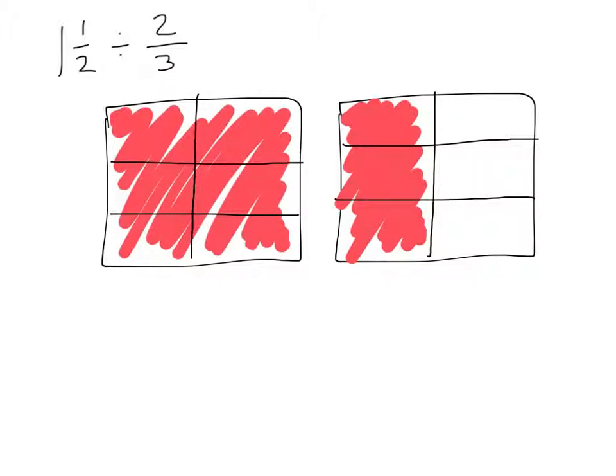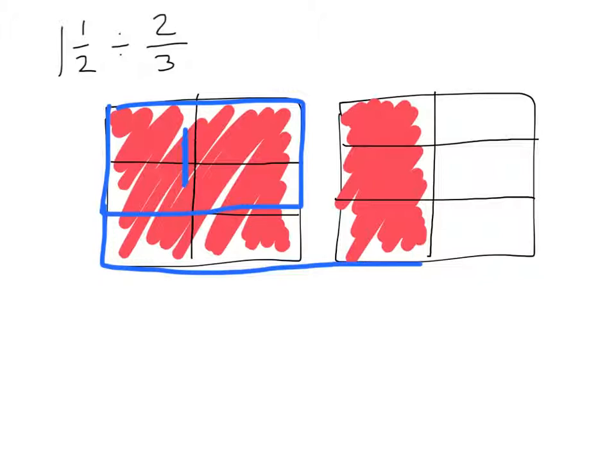What I want to know is, how many of those 2/3 can I get out of what I have here? So how many sets of 4 can I get out of what's colored in? Well, let's just start finding those and counting them up. So here's 1, 2, 3, 4. There's one set. Here's 1, 2, 3, 4. There's 2 sets, and I've got this one up here left over.